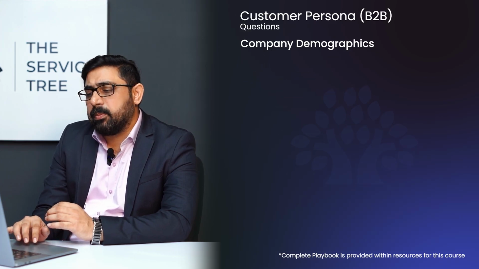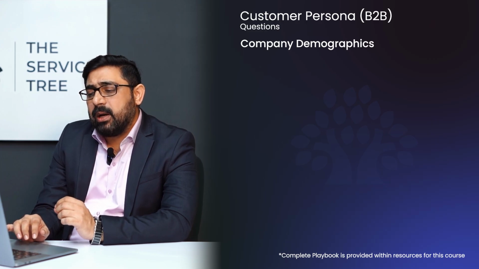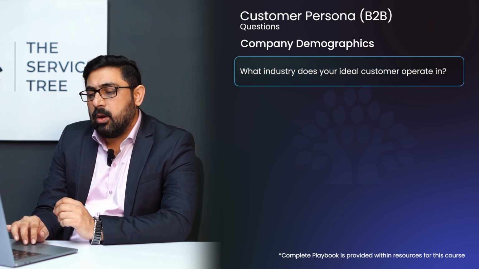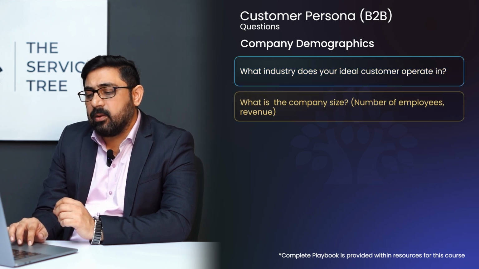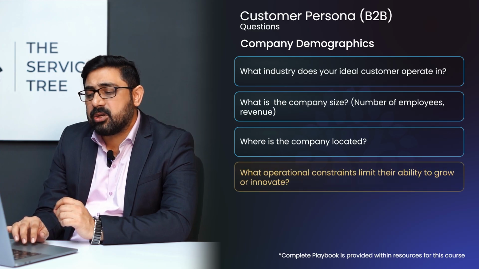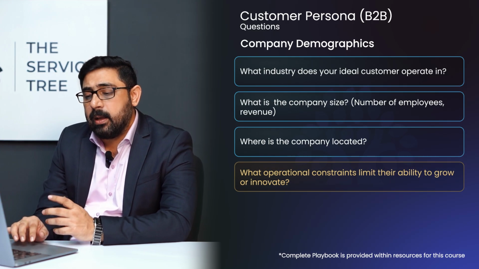So these company demographics define where your ideal customer operates. What is the company size? Where is the company located? What type of operational constraints limit their ability to grow or innovate?